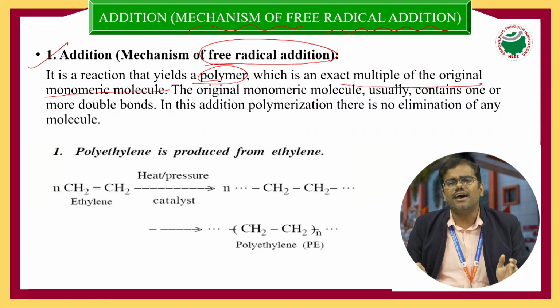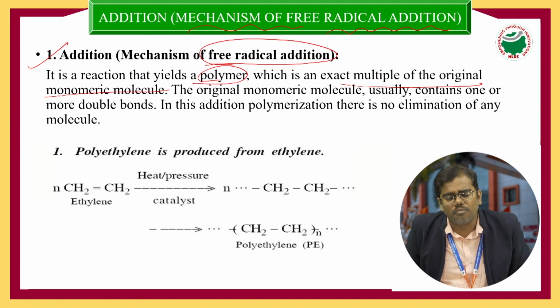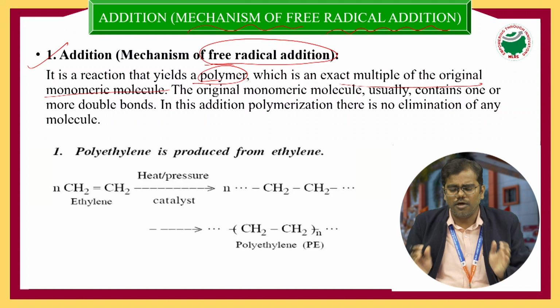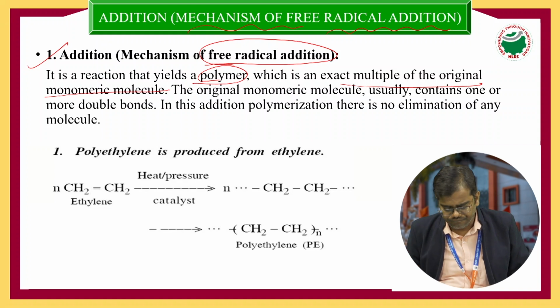These monomers combine together in the presence of temperature, pressure and catalyst, and a macromolecule is formed that is exactly a multiple of the original monomer. That is called an addition polymer.